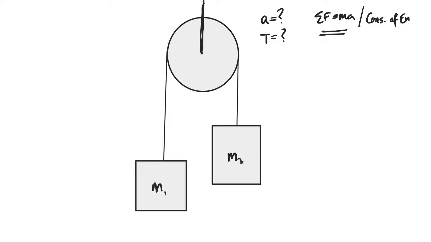Like any Newton's law problem, the very first thing you should do before you get started is identify a direction of motion that you're going to call positive. I would encourage you to choose that based on where you think the system is going to accelerate. Like if you know that mass 1 is heavier than mass 2, and it's very likely that mass 1 is going to go downwards, then make that the direction that you call positive.